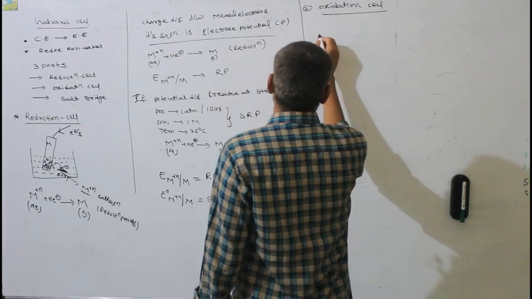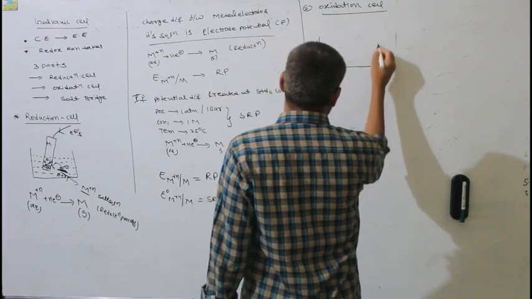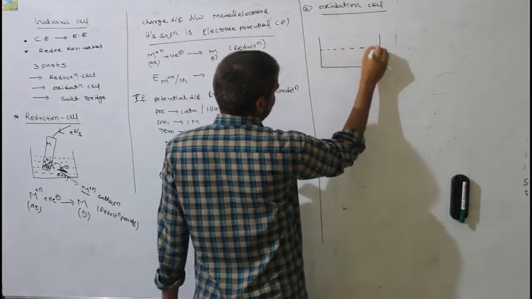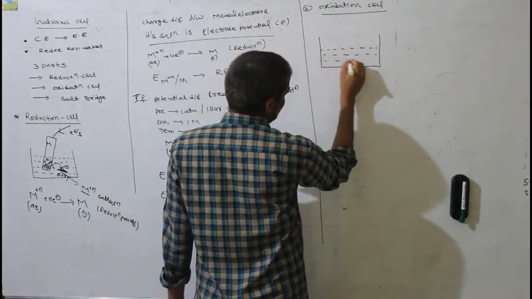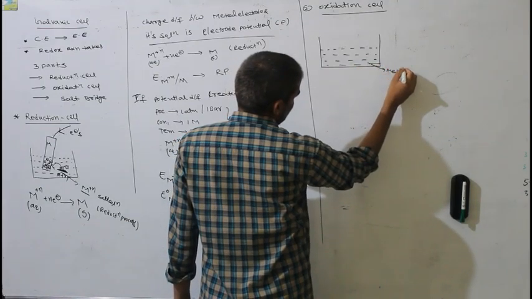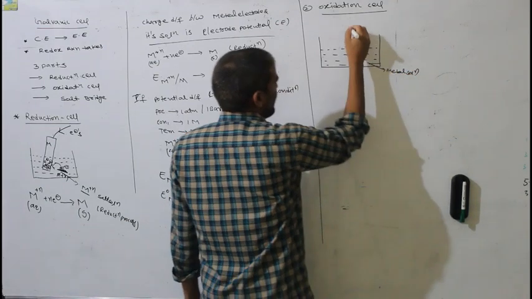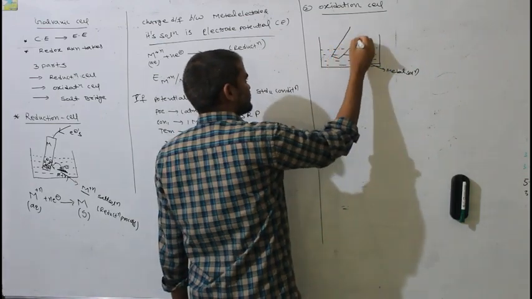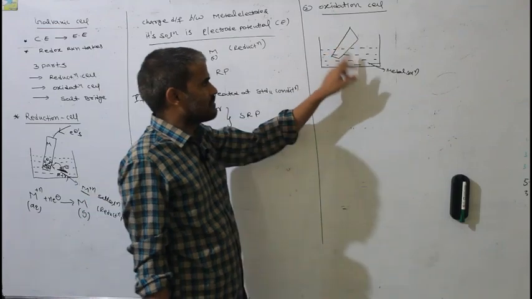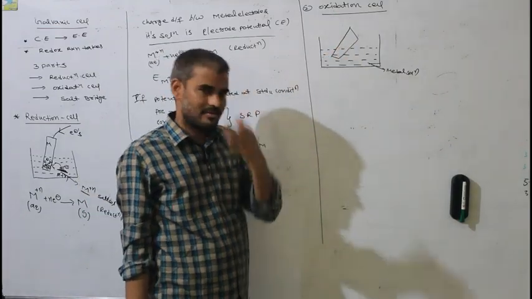Take one electrode in the cell, take metal salt in aqueous form, the metal solution, and dip one electrode. Again the condition is that the metal and metal salt must be the same.